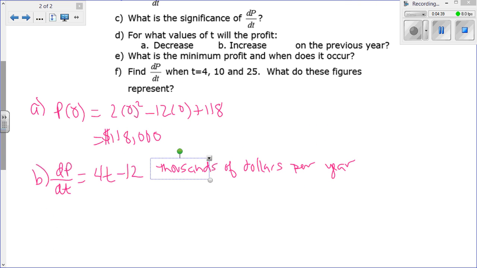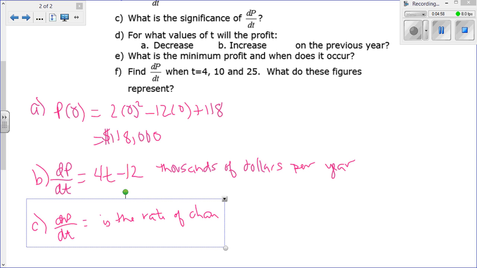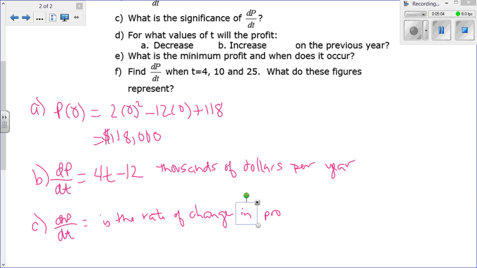So part C is, what is the significance of dP/dt? Well, dP/dt is the rate of change in profit with respect to time.